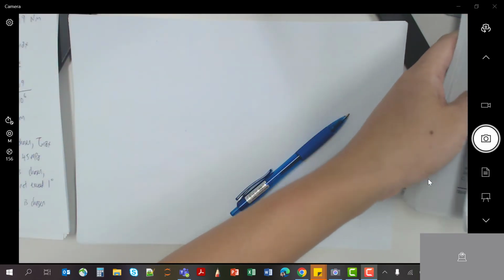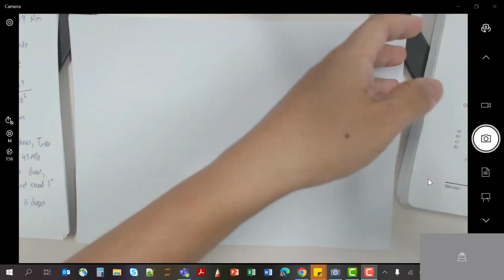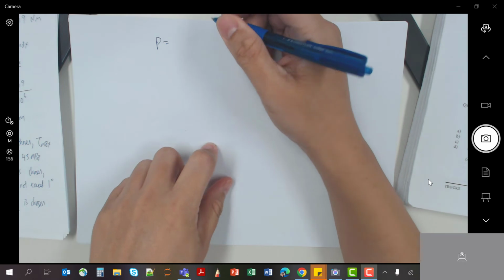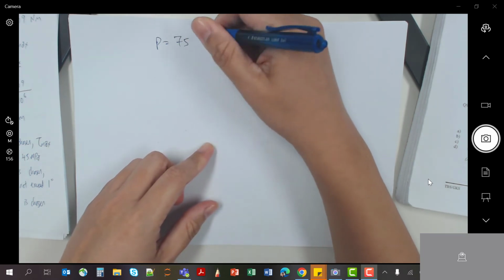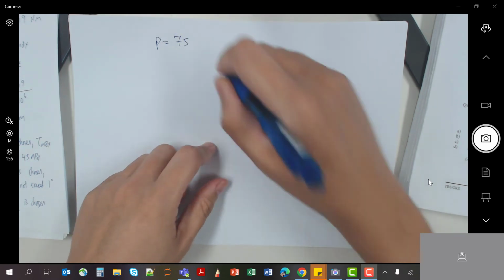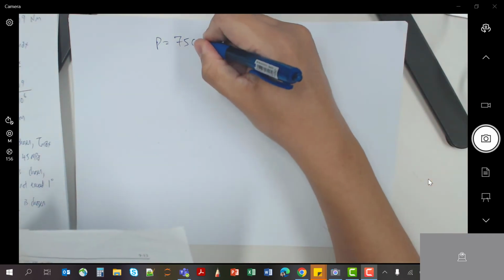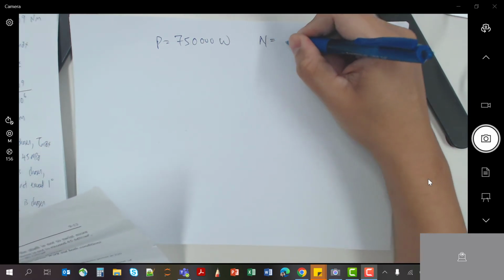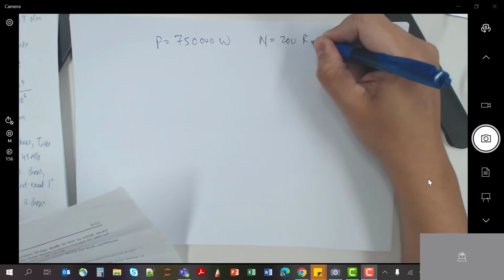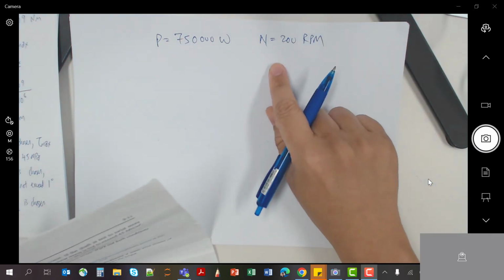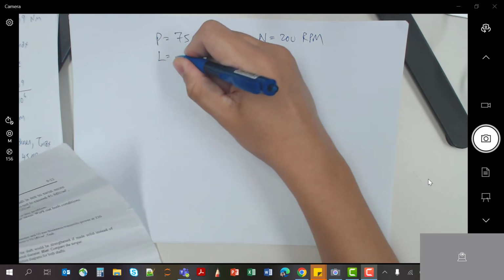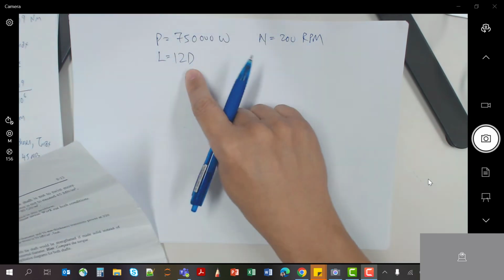All right, so let's see what information we have. The power is 750,000 watts. Your RPM is 200. Our length is 12 times your diameter.